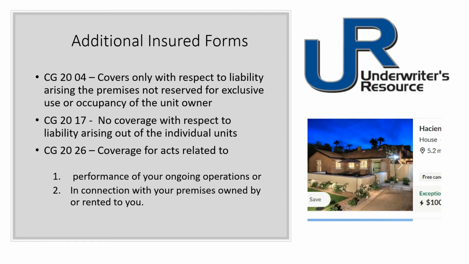On CG 2026, they provide coverage for acts related to performance of your ongoing operations, which would be the hoteling operations, in connection with your premises owned by or rented to you. Now, the individual unit owner does not own any of that bigger complex. So you could have a situation there where there might be a gray area, whether or not there is any liability coverage provided for the interior use of that unit.